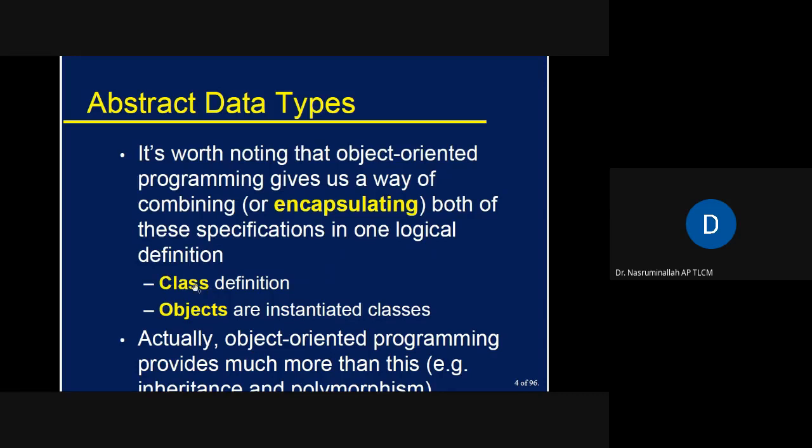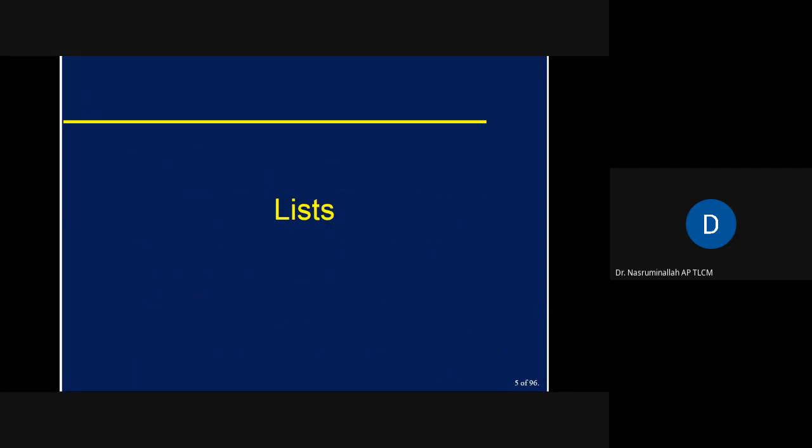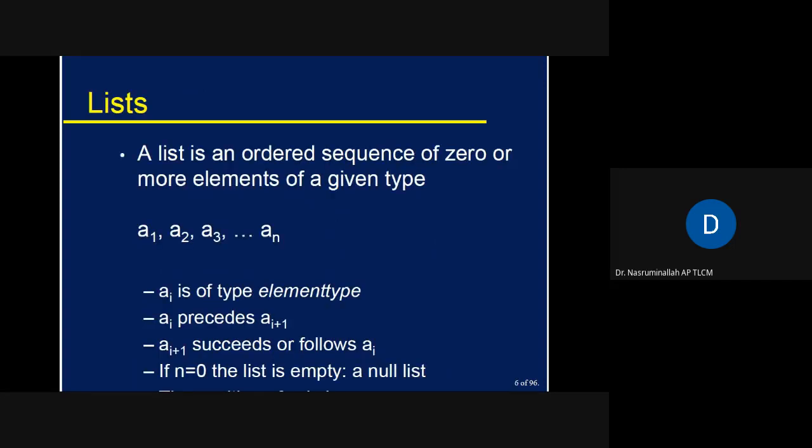Once the class is created, you can create objects or instances of those classes using object-oriented programming. So we will be using the same concepts that we have already learned, the object-oriented concepts, for implementation of the different data structures.